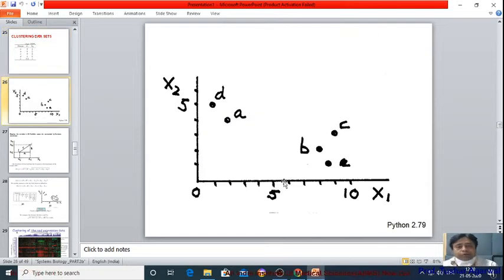Now once you do the plotting, you see very clearly and immediately that the spending patterns for A and D are similar, and the spending patterns for C, E and B are similar, but they are different from the A and D group, right? And now we say that this is the first primitive example of clustering of the data.